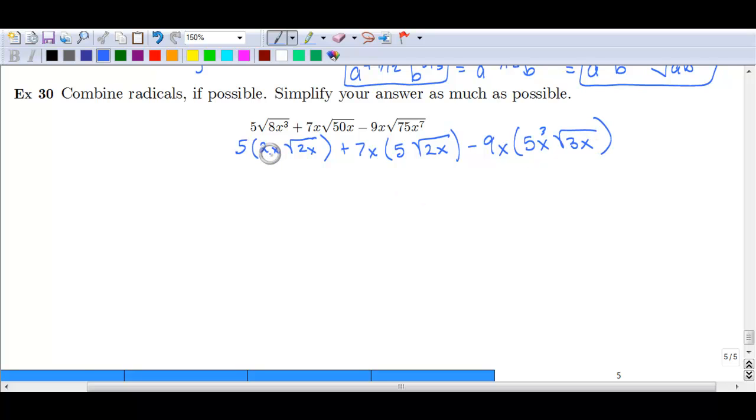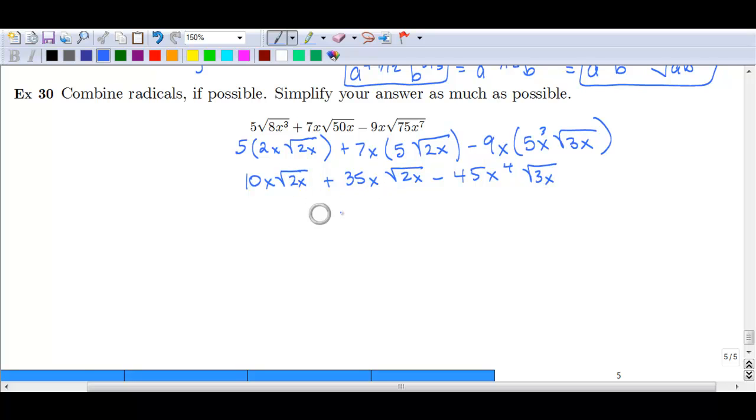So when we simplify here, we've got 5 times 2x gives us 10x, root 2x, plus 7x times 5 is 35x, times root 2x, and finally we have the negative 9x times 5x to the 3rd, so we get negative 45x to the 4th, and a square root of 3x.